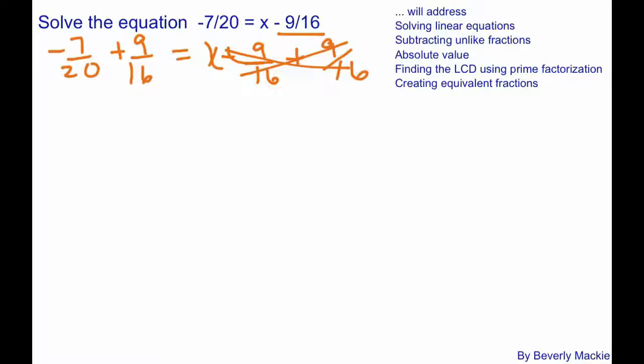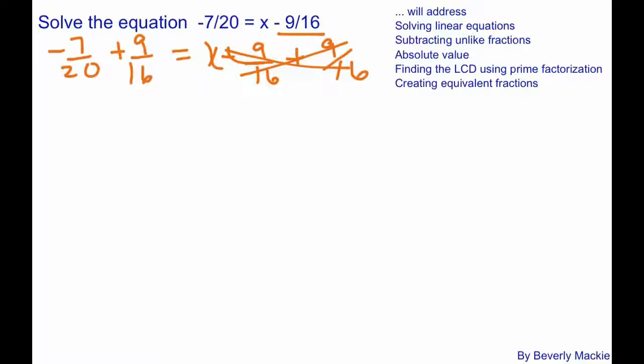And now I can simplify the left side. However, there are fractions and they have different denominators. That means I have to do a little more thinking. I need a common denominator. More specifically, we want the lowest common denominator, the LCD. The method that we're going to use is prime factorization.